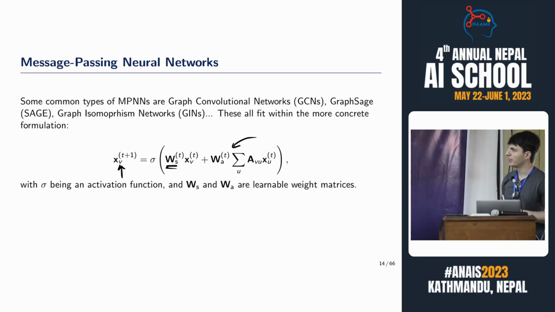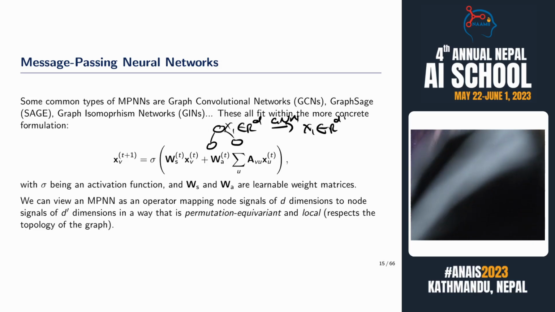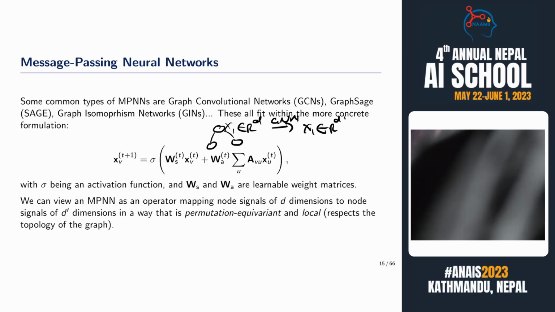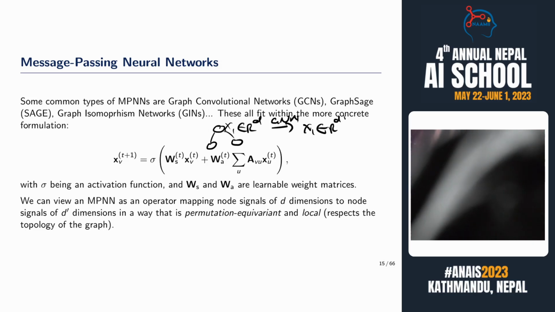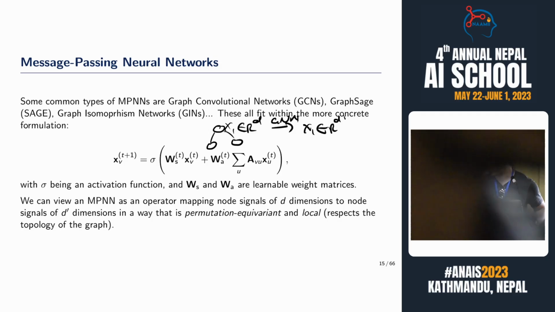And in this sense, we can really view message passing as an operator mapping node signals of d dimensions to node signals of d prime dimensions. So pretty much what we have is a graph, let's draw the simple graph, and now this x1 goes through the GNN, which sends it to a vector in R^d'.